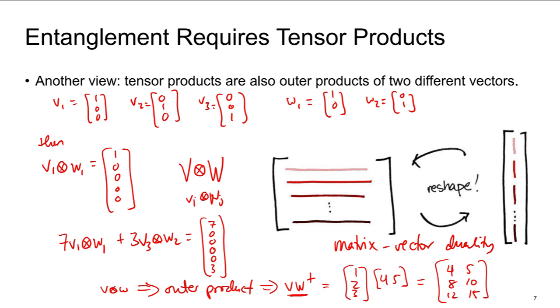So for example, if we had a vector in this space written as 7 v1 tensor product with w1 plus 3 v3 tensor product with w2, then that would give me 7, 0, 0, 0, 0, 3.